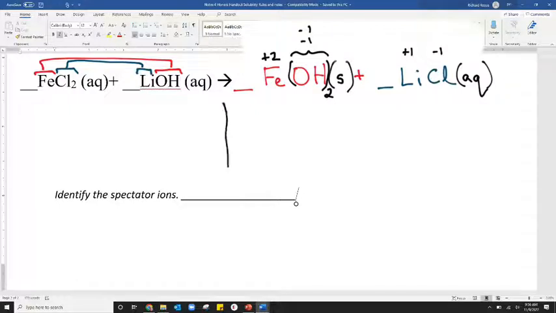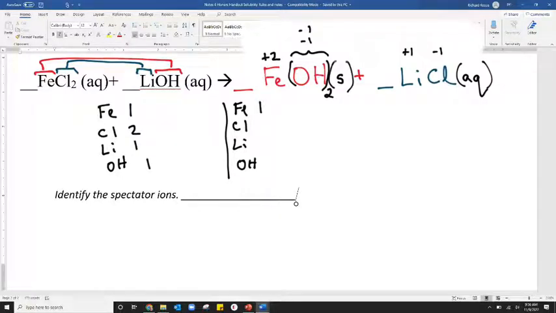Most of us maybe are doing that in our head now, which is great, but if not, maybe on scrap paper, you could list your ions if you wanted to or needed to. That's this thing. 1, 2, 1, 1, 1, 1, 1, 2. In the end, we've done a lot of balancing. I'll get this thing balanced like so.